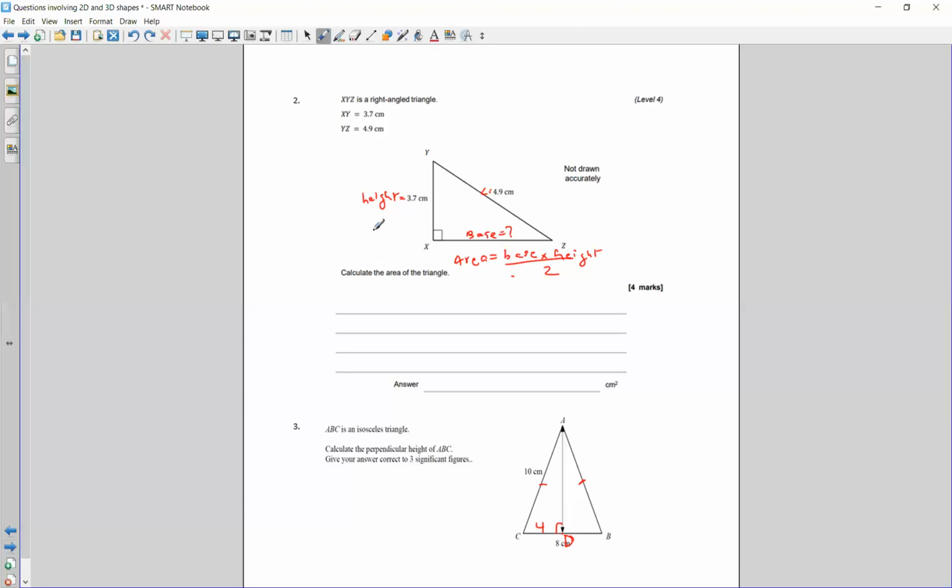Okay. So just looking at question number 2, because you were given the height and you needed to work out the base, you use Pythagoras theorem again to work out the base. So you say base, which is xz, squared is equal to 4.9 squared minus 3.7 squared.